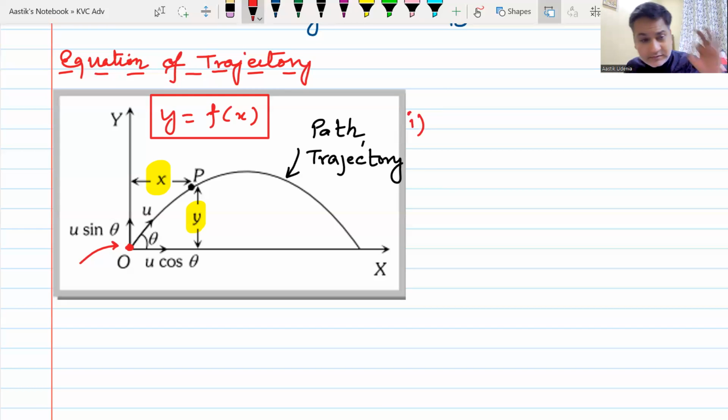And remember, the more forms you can remember here, the better it is for you, because a question can come in any different form.